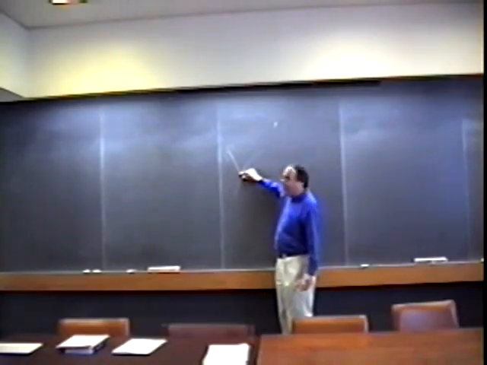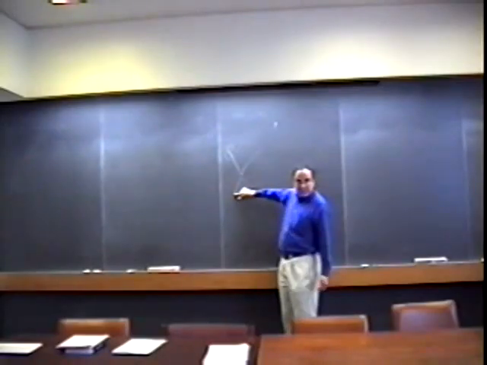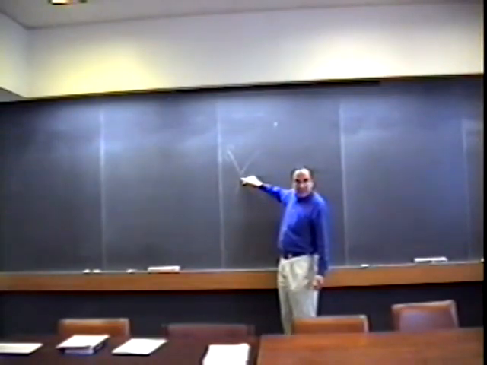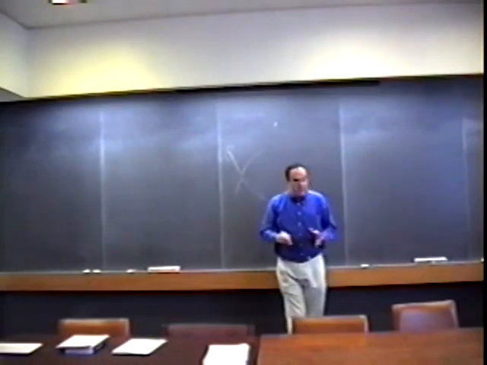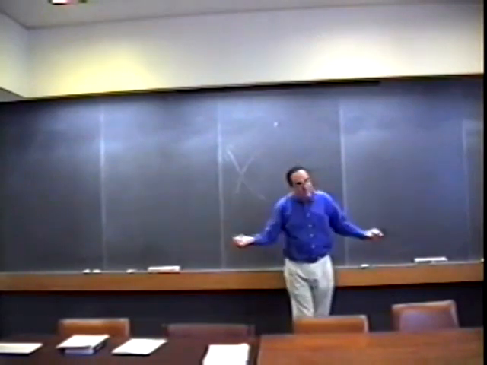Near here, all of a sudden, you go from almost pure configuration 2 to almost pure configuration 1, and right here you have a 50-50 mixture. So the electronic character is hardly changing at all until right here, where it changes very fast.